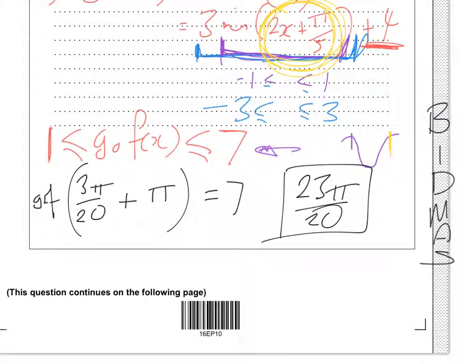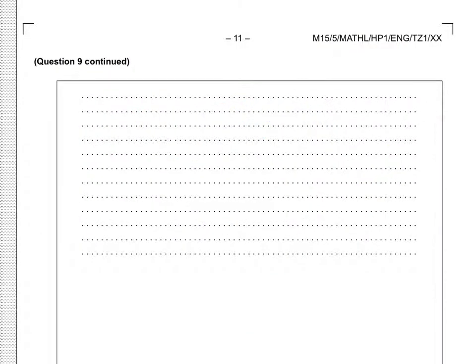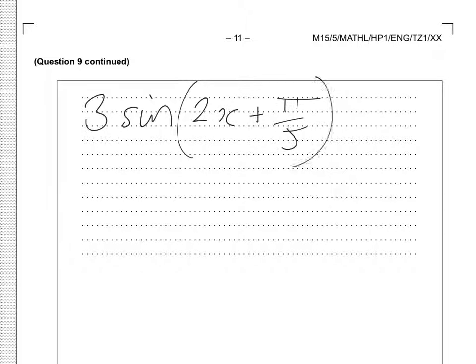Which means that the first thing we should consider, I'm going to write it out again, is 3 sine (2x plus pi by 5), plus 4.